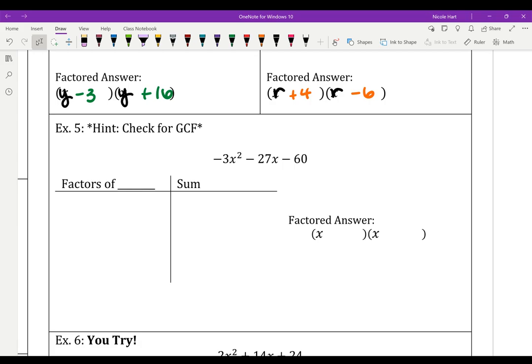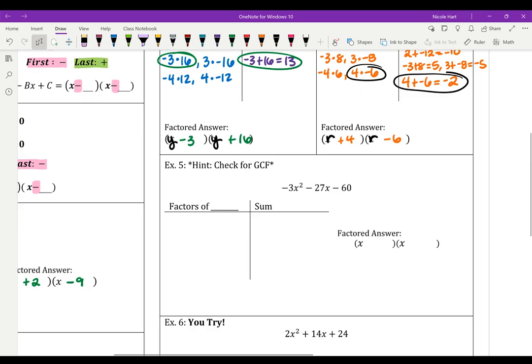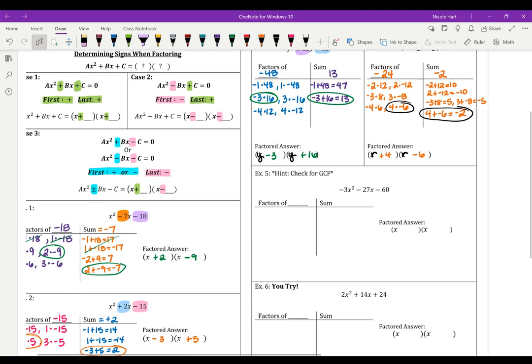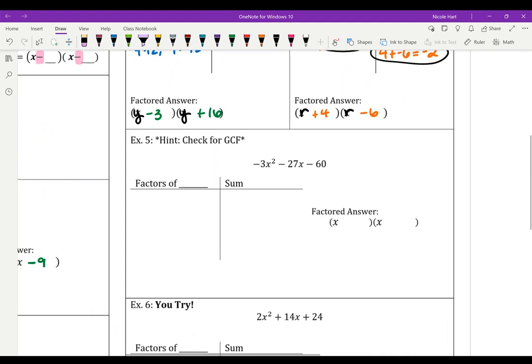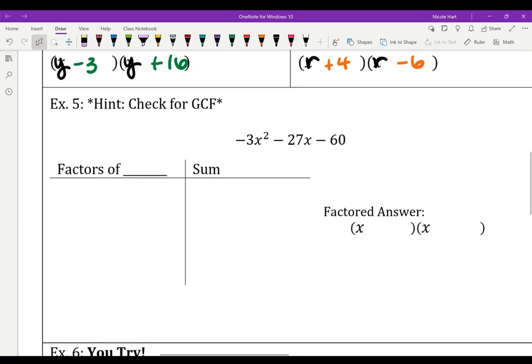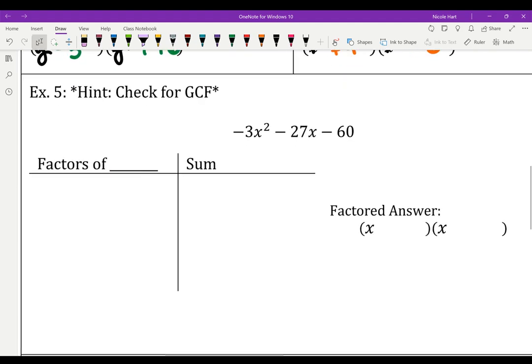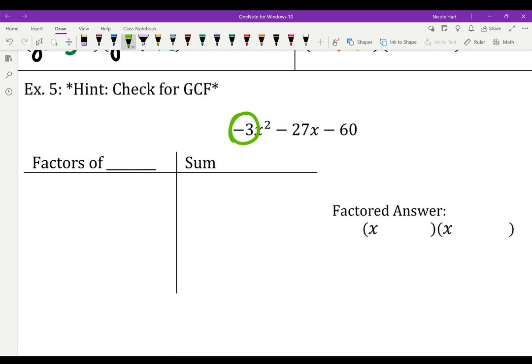Now, example 5 and 6 are a little more difficult. If you notice, if we go back and look at all of our previous examples that we've done today, our leading coefficient, or the number in front of our x squareds, y squareds, r squareds, is all a 1. It's an invisible 1. But with example 5, and you'll see with example 6, that's not the case. We have a leading coefficient of negative 3.